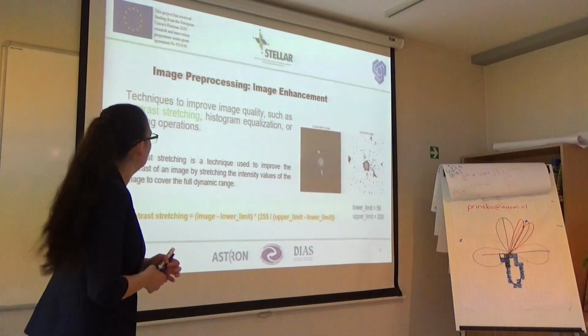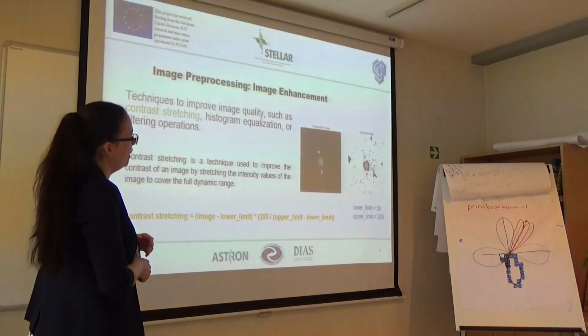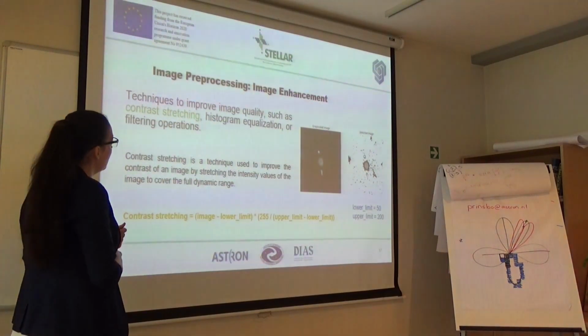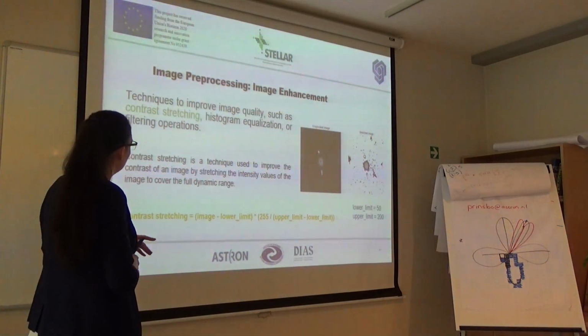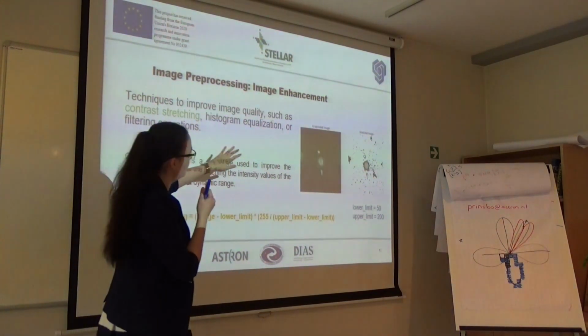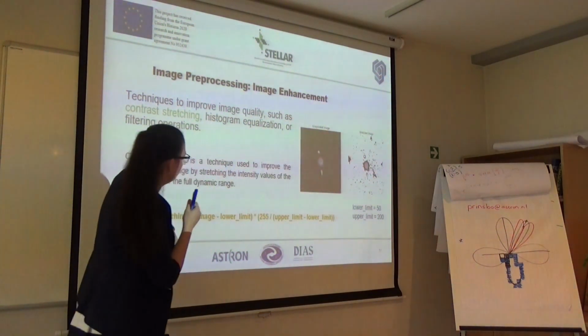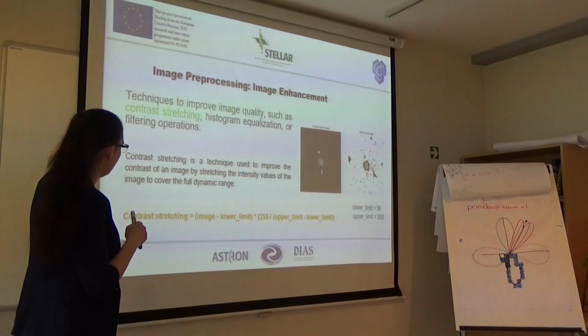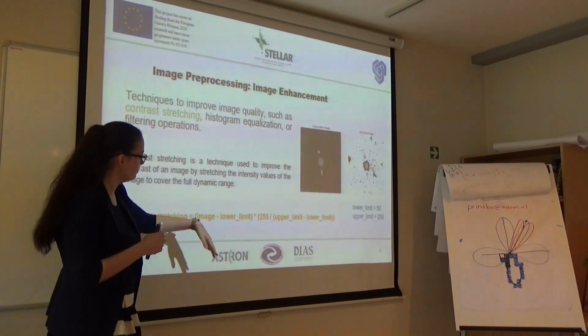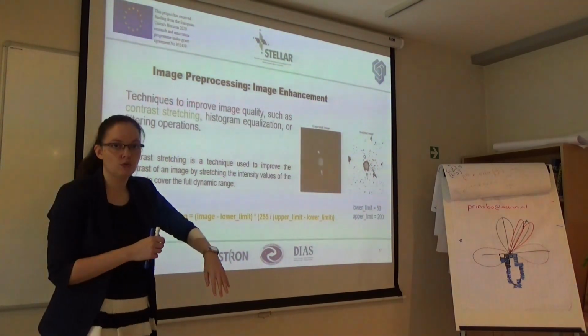The next one will be image enhancement. This technique will improve the quality or the contrast. The first one will be the stretch image, and the contrast stretching is given by the formula itself.